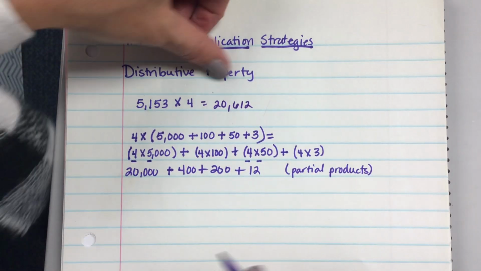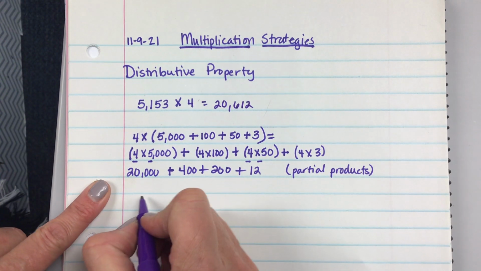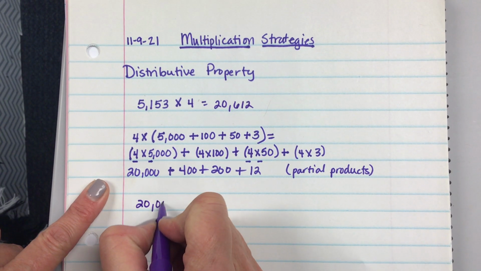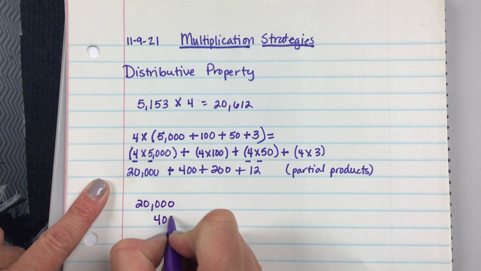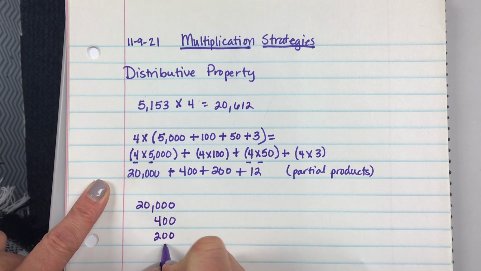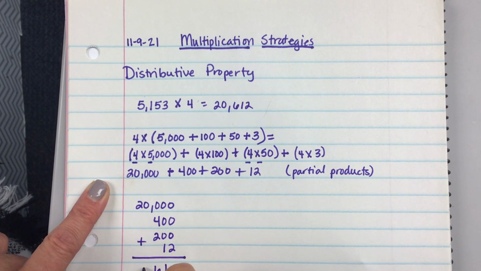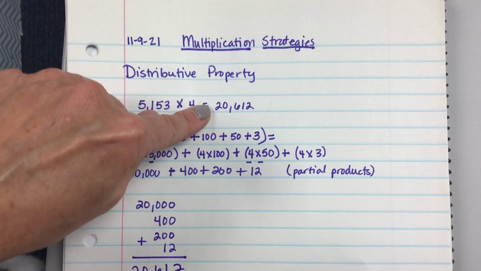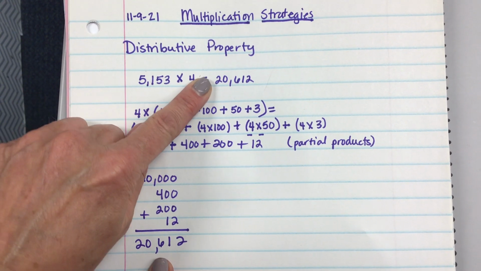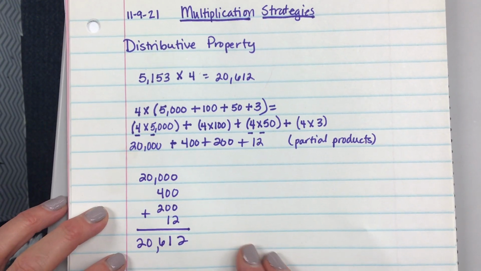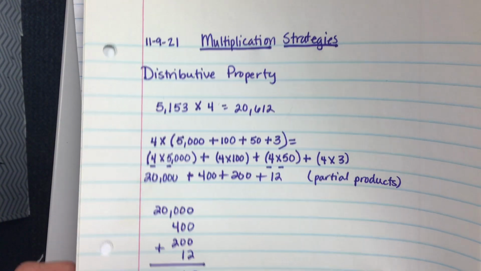If you can't do that in your head, that's fine. You are welcome to write out the partial products just like this and add them together. 20,612. Okay? That's the distributive property of multiplication.